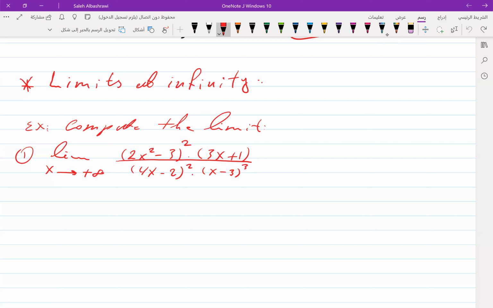So either we open the brackets and multiply to write it in standard form, or as we mentioned before, we can take the highest power from each bracket. Since I have two brackets or two factors, I'm going to take the highest power from each one of these.